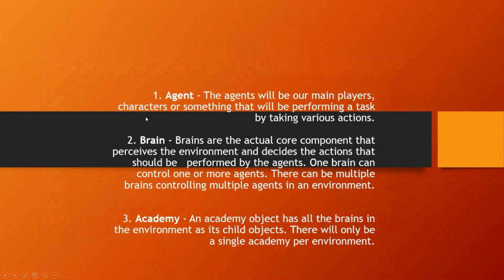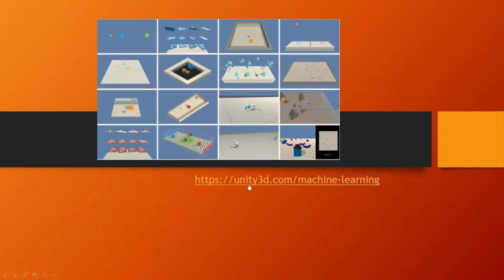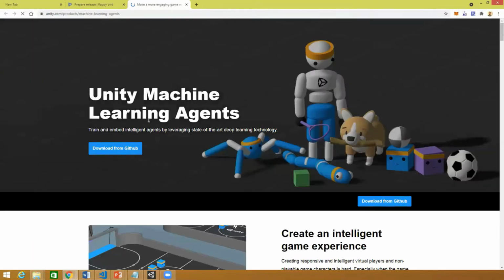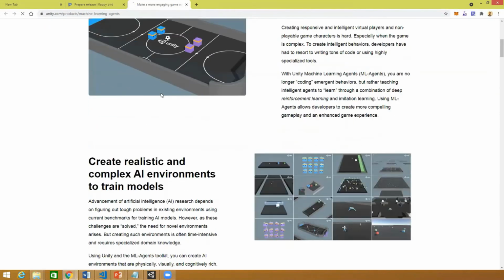Here we have three areas in Unity AI: agent, brain, and academy. Using those, we can set up Unity AI. You can go to the official URL, unity3d.com/machinelearning, and look at these AI capabilities, where we can get more features about Unity AI.